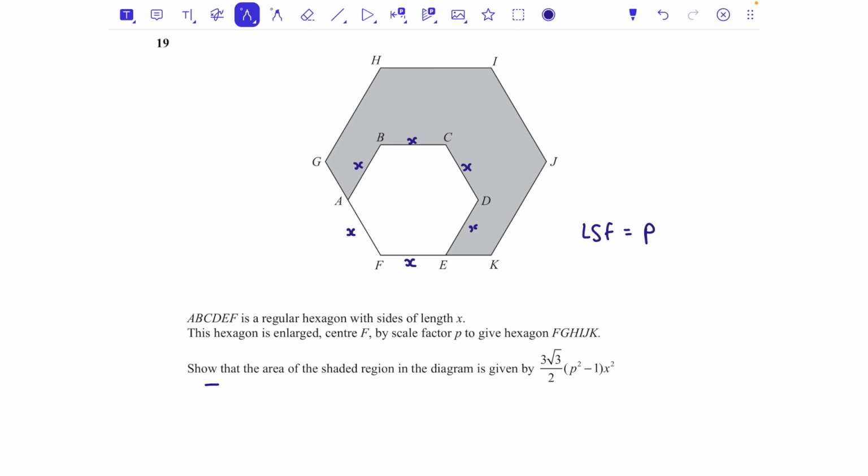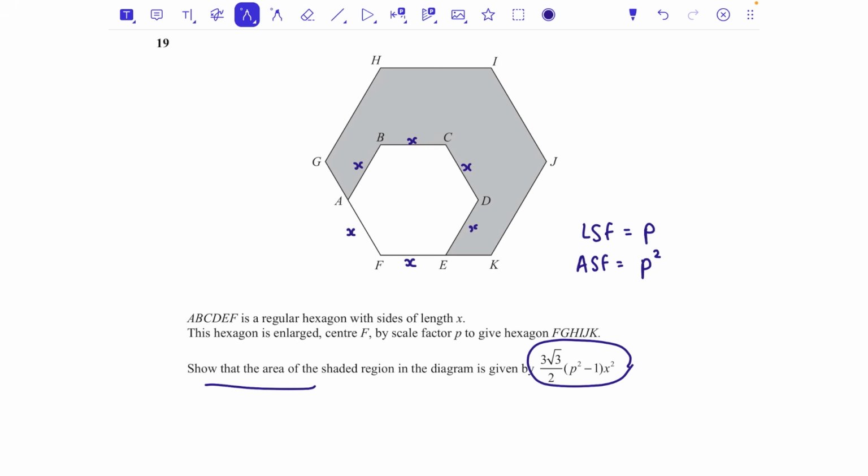And then we're talking about areas, so it might be helpful to just state here that the area scale factor, if your lines are 2 times bigger, then your area is 4 times bigger. If your lines are 3 times bigger, then your area is 9 times bigger. So if the linear scale factor is p, then the area would be p squared times bigger because it's a 2-dimensional thing. So show that the area of the shaded region in the diagram is given by this.